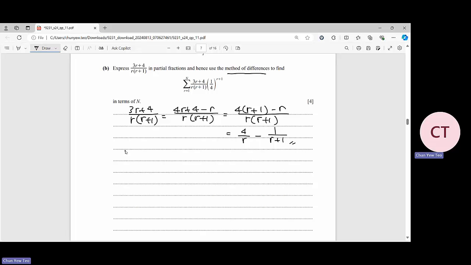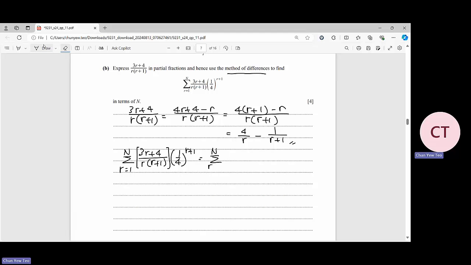So now the question is looking for the sum of (3r plus 4) over r(r+1), the whole thing multiplied by 1 over 4 to the power of r plus 1. So we just make use of the partial fraction that we have decomposed just now.